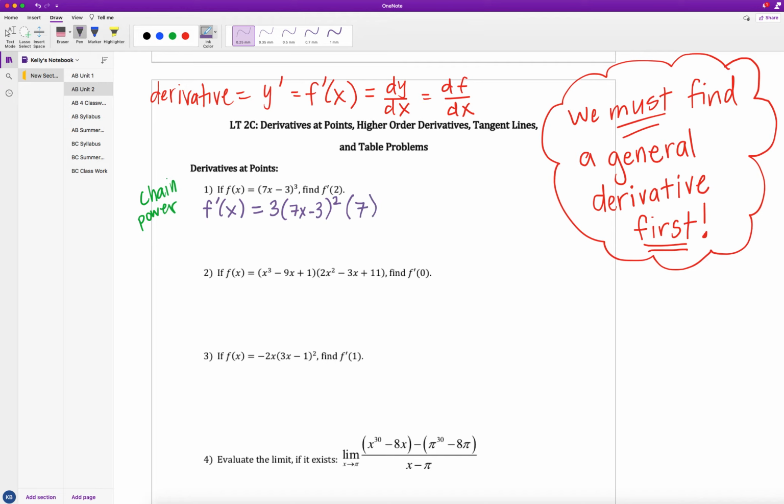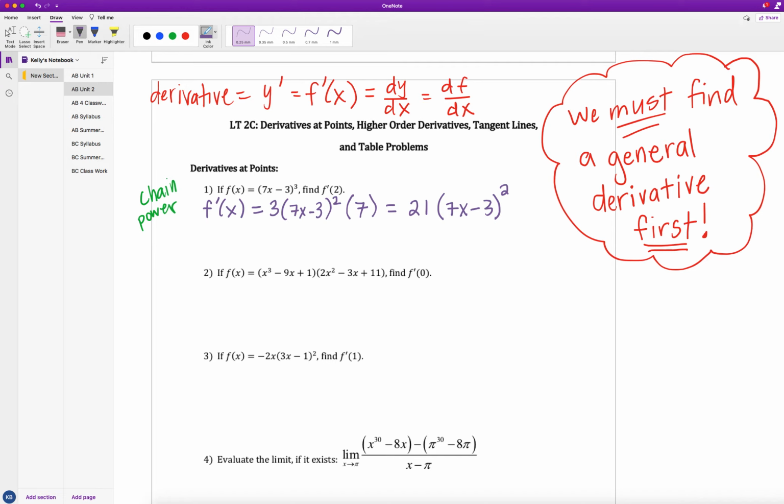Now let's simplify this down a little bit so that we have combined anything we can. 3 and 7 are both scalars or coefficients that I can multiply together, and instead write this as 21 times (7x minus 3) to the second power. This right here is our f prime of x, or our general derivative for any x value.